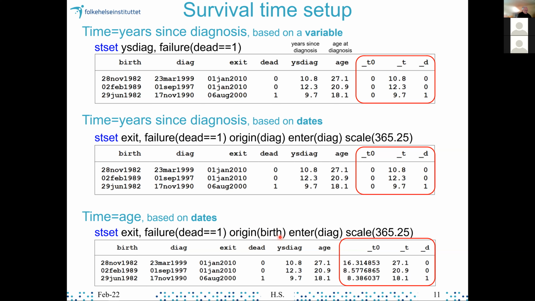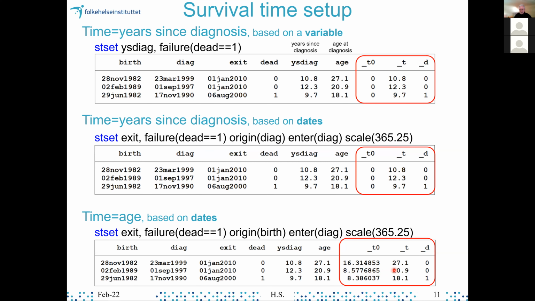We said that origin of time would be at birth, and then we would get under risk at time of diagnosis, and we would be followed until the exit dates. So all of these are dates. And as a result, you will be 16 years once you get your diagnosis, and you will be 27 years once you exit from the study. This person will be 8.5 years once he gets his diagnosis, and 21 years as he exits from the study, and so on.